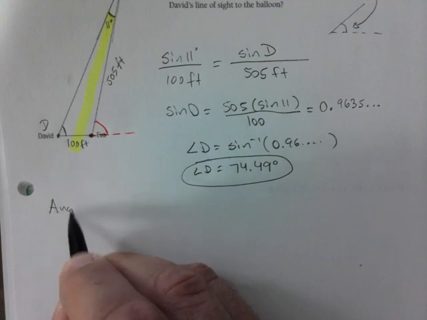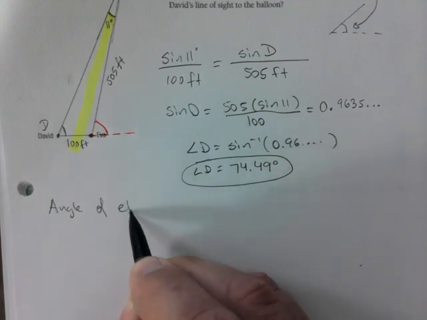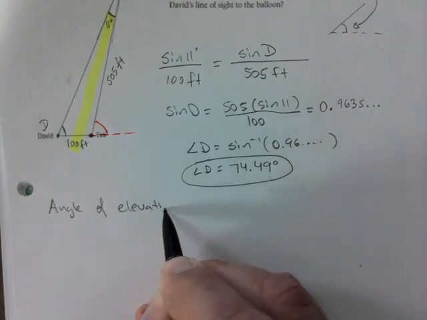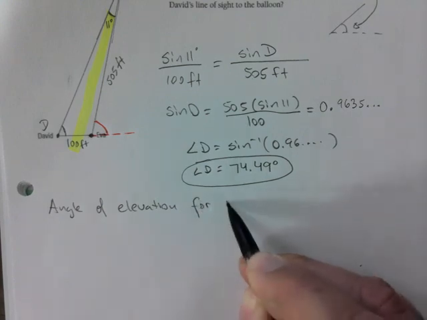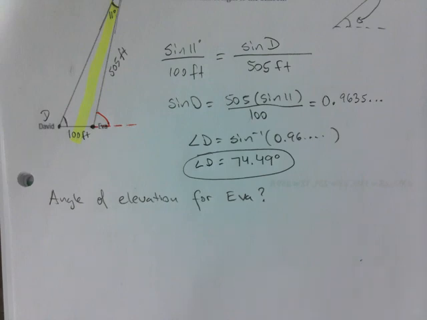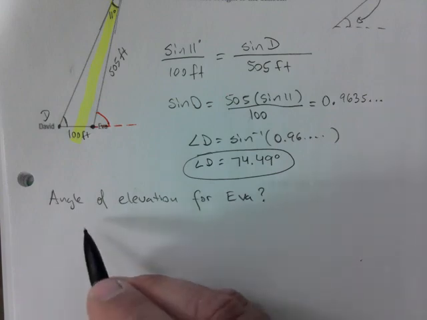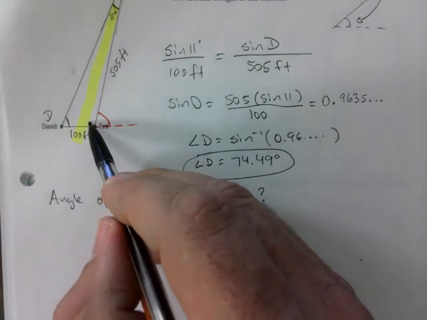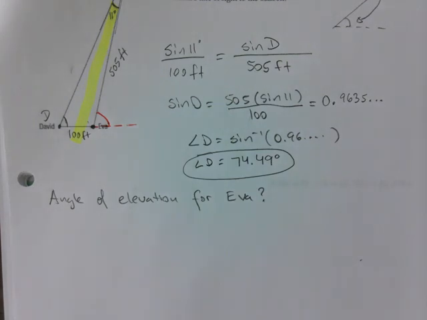What's the angle? So write this down, okay? Just add it. Elevation for Eva. What's that angle of elevation? Here's the answer. I'm going to find the inside first. Yeah, write it down. We're almost out of time, but I want to finish this.